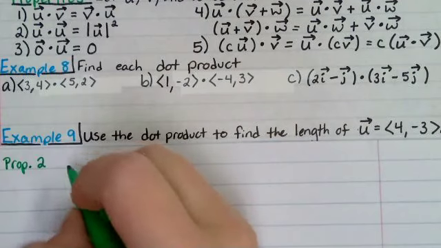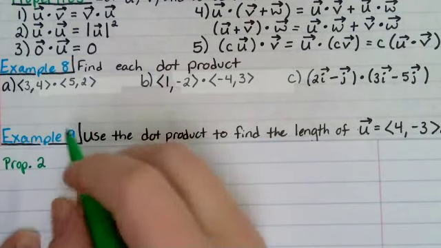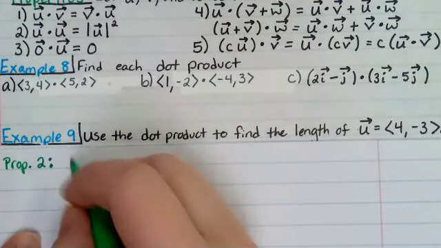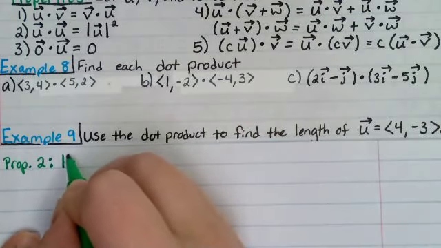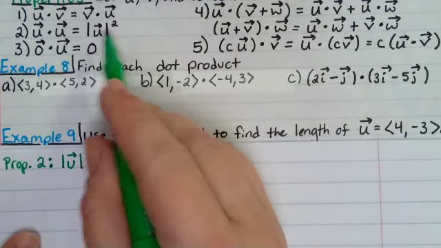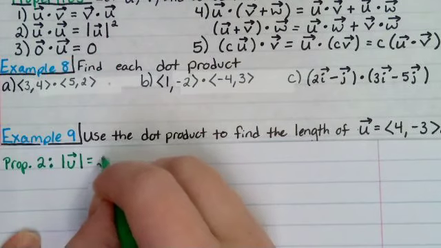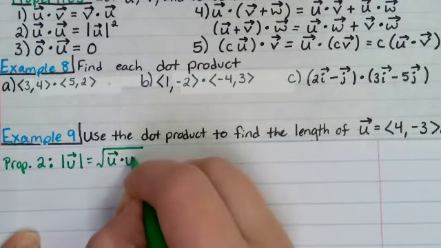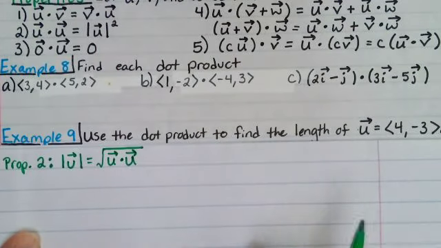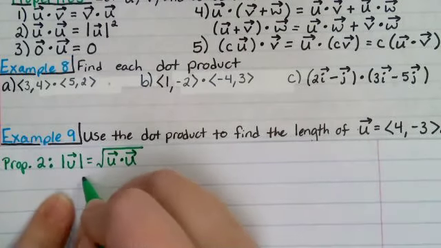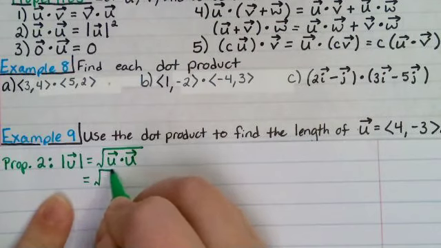And what I want you to remember is that I can manipulate that. I am allowed to do that. If I were to square root both sides, I would see the magnitude, not absolute value, magnitude. Oh my gosh. Magnitude is the square root of u dot u, with this dot product. And since we have that, this is something I can get the dot product for.